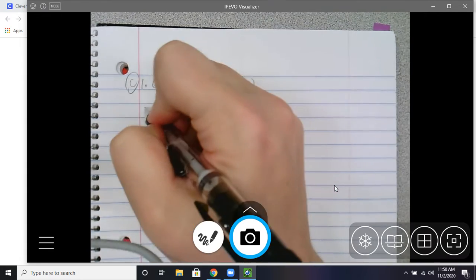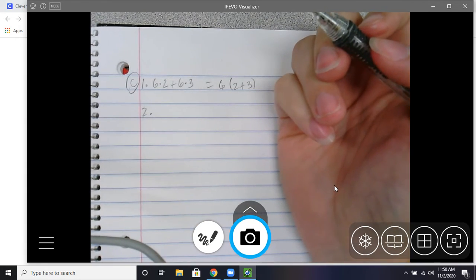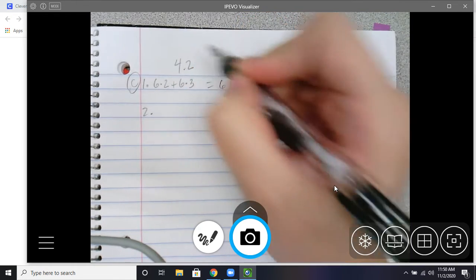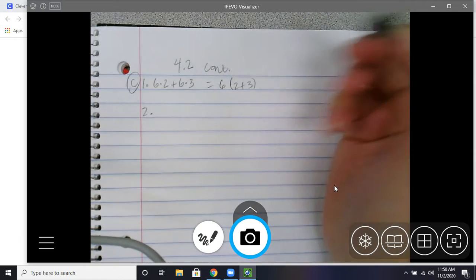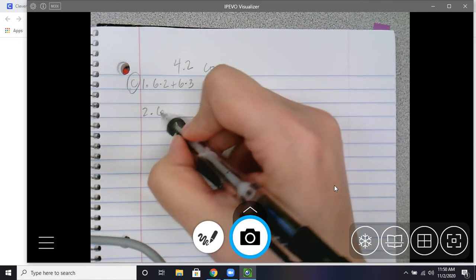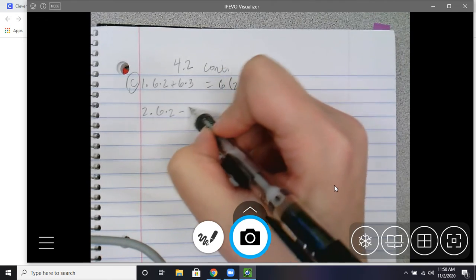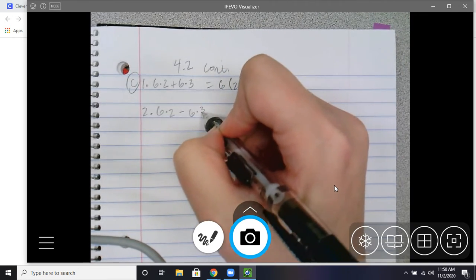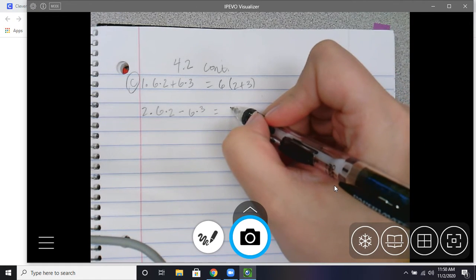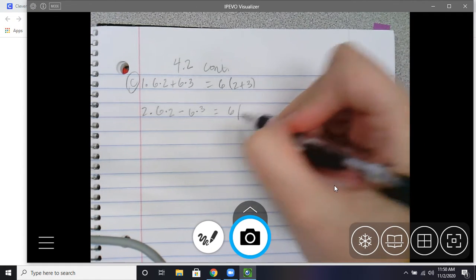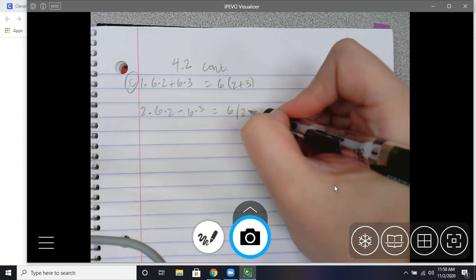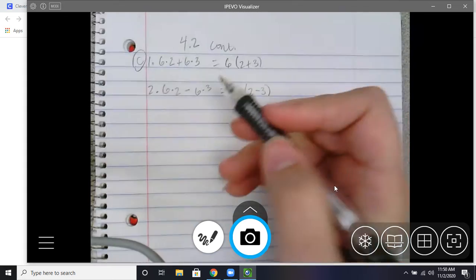And then number 2 is 6 times 2, subtract 6 times 3. So the number they have in common is 6. And then in here is going to be 2 minus 3.